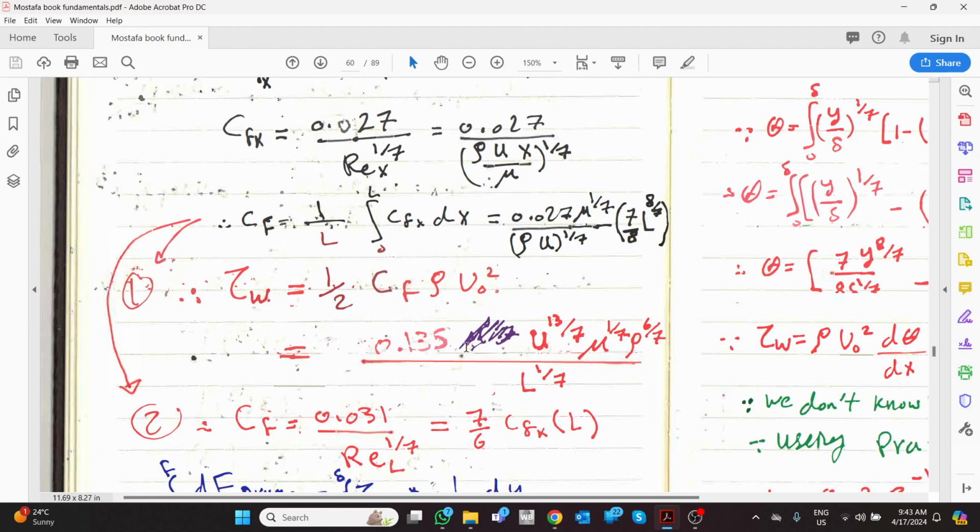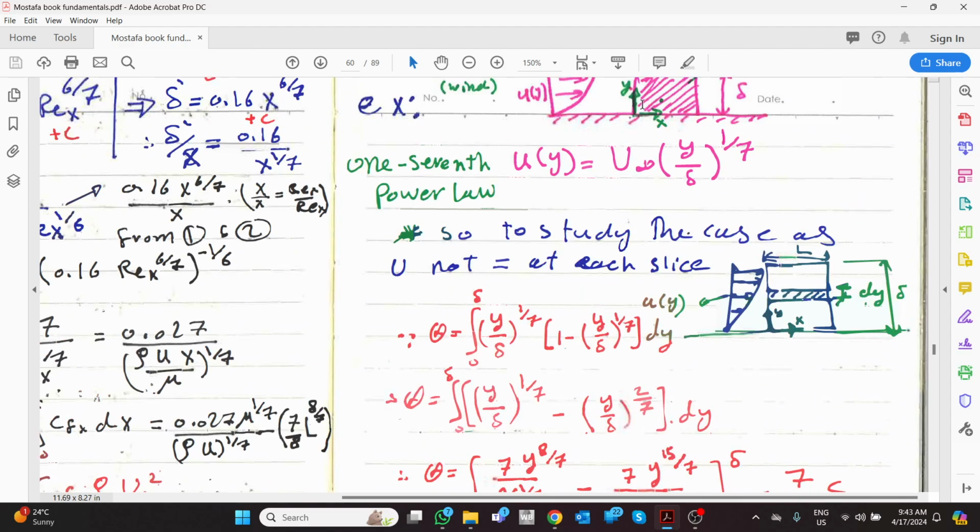If you apply the numbers, you have half this one, half, and rho, and 7 over 8. If you put all of this, you will find this number, which is U infinity to the 13 over 7, U to the 1 over 7, rho to the 6 over 7. So this is the full shear force you're going to have.